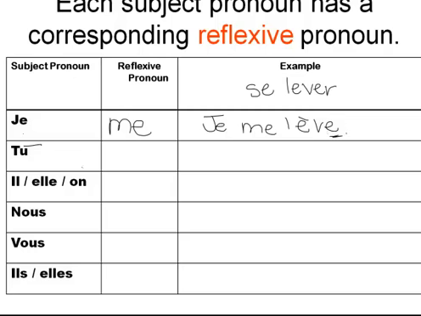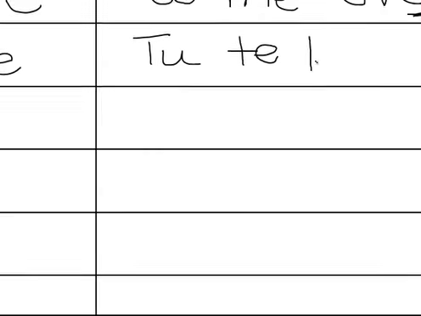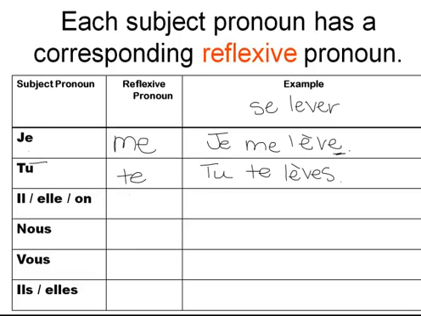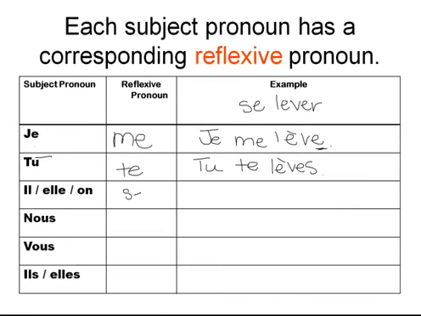The subject tu has the corresponding pronoun te. So you get yourself up, tu te lèves. The subjects il, elle, and on, or if you have a singular third-person subject, the reflexive pronoun is se, which we've used in the infinitives.